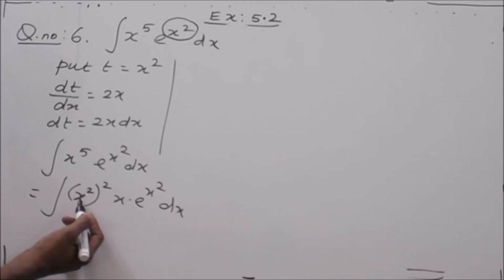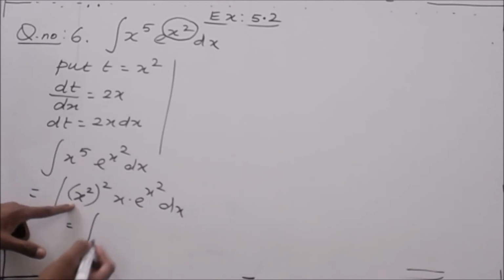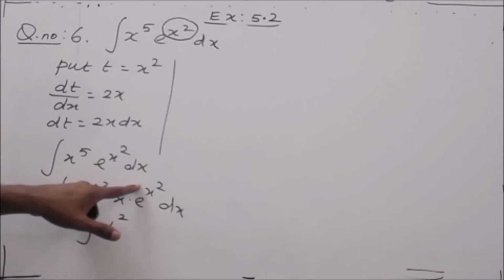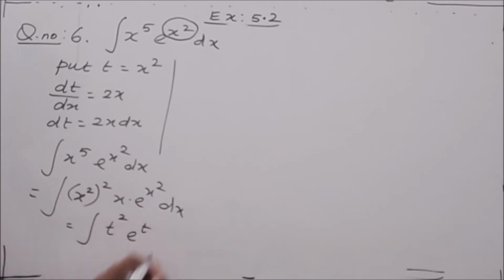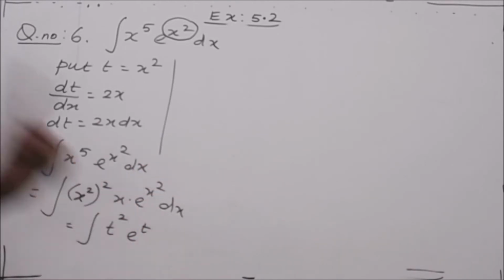Now substituting t equal to x square in this, we will get integral, x square is t, that is t square, and in the power x square is t, so e power t.